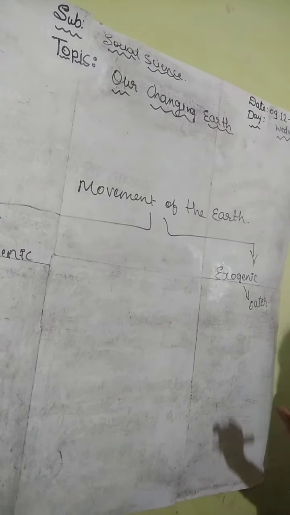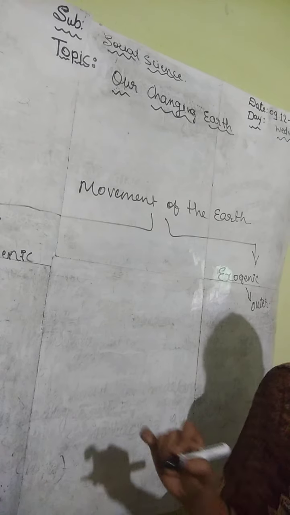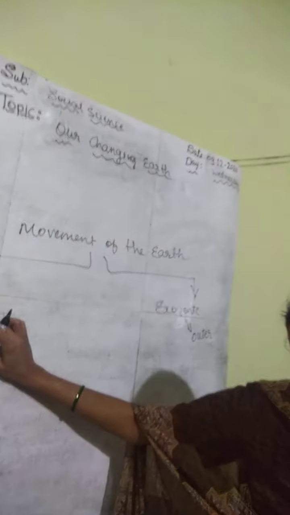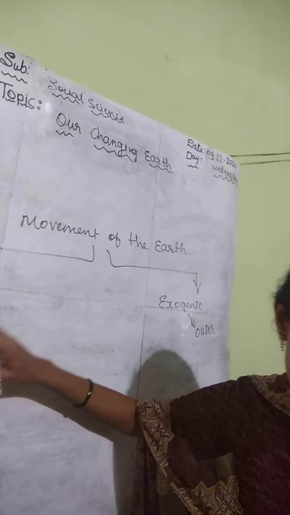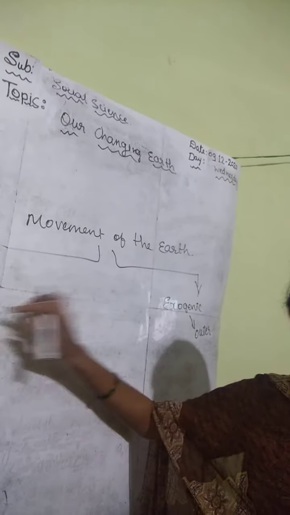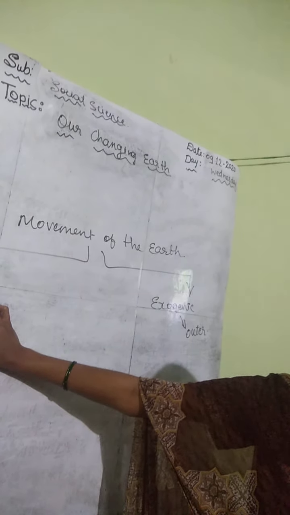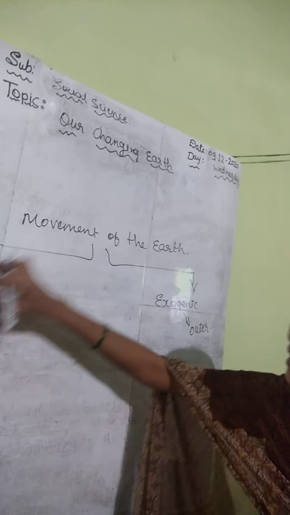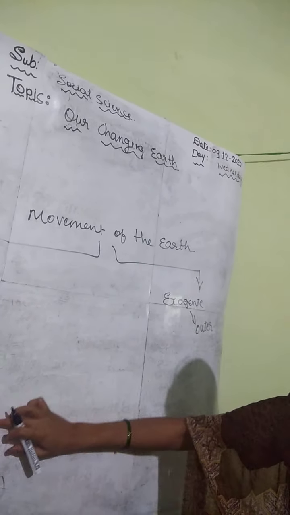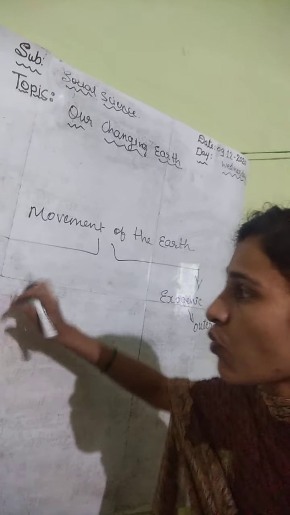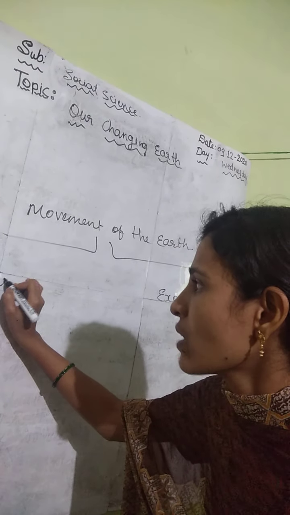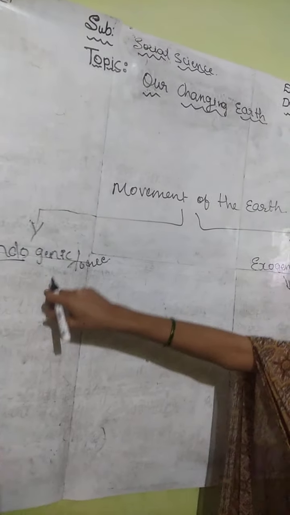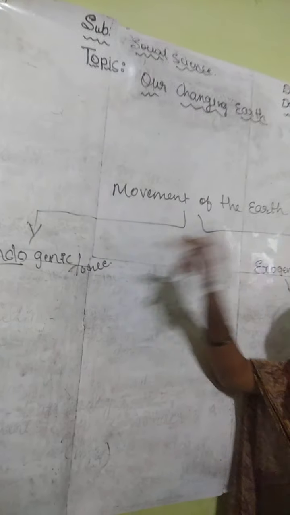It means endogenic refers to the forces which act in the interior of the earth. Do you understand? I think you have understood it, students. The forces which act in the interior of the earth are called the endogenic forces.